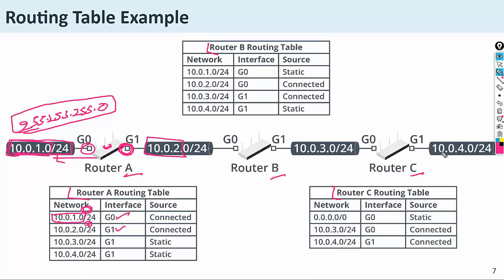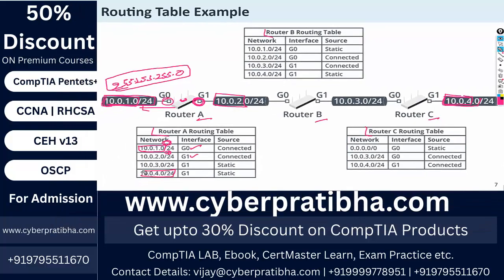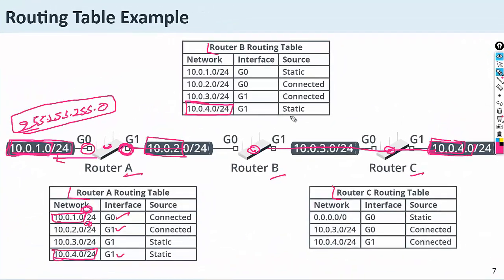But what if a packet is coming with the network 10.0.4? So what will it do? Yes, there is an entry for this interface, meaning G1. It will be forwarded by G1, then it will reach this interface, because it has the entry of the 10.0.4 network, a static entry.